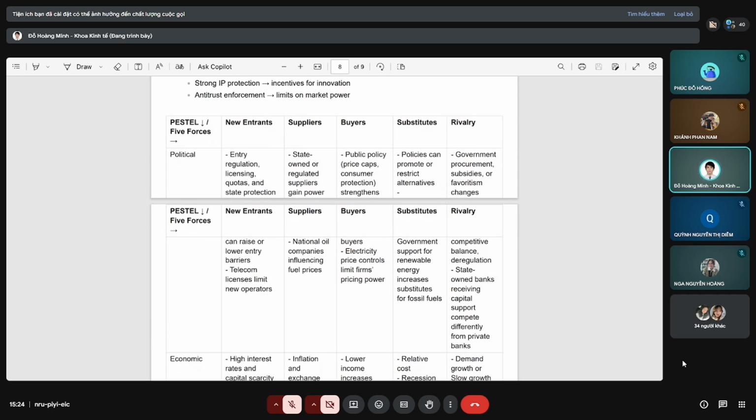So that is how political factors can improve the bargaining power of the suppliers.